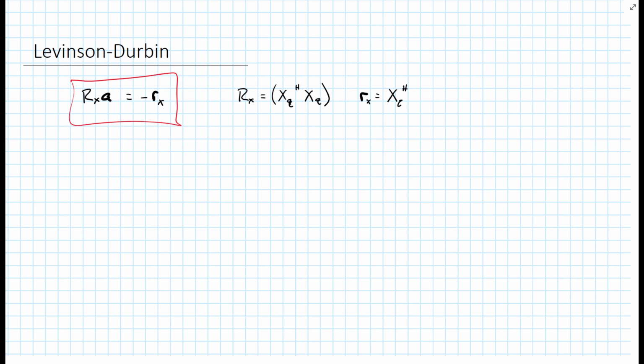If it's real, of course, you can just use a transpose, q plus 1, where xq is made up of data samples, xq, xq minus 1, to xq minus p plus 1.